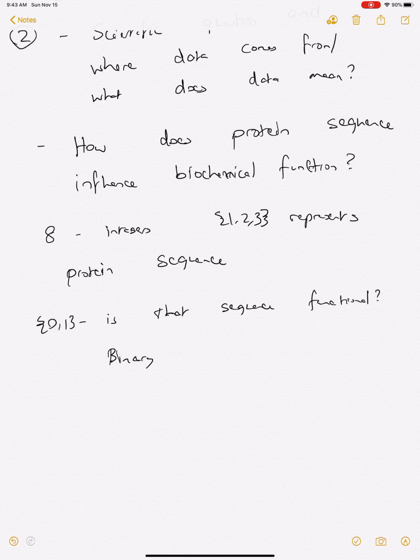Another question you could ask about this scientific question, how does protein sequence influence biochemical function, is why do you care about that question? Tied to that is an engineering question: if you have some sequence, can you design it in a way, by changing it, so that the functionality actually improves? That's the underlying engineering question associated with this scientific question.